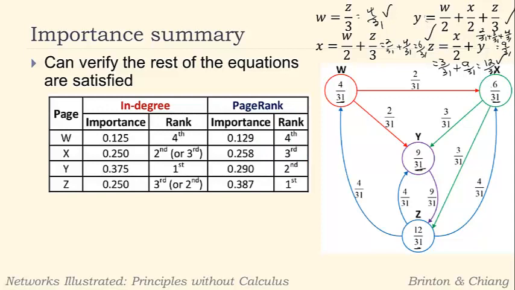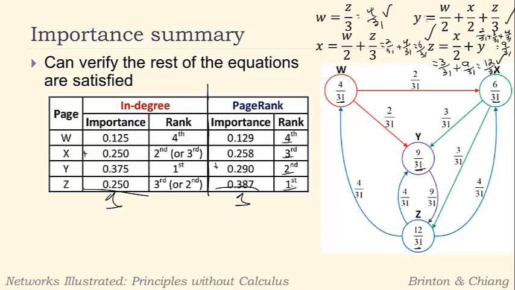So here's a tabulated summary of the difference between the in-degree and the PageRank calculations. The PageRank we're showing on the right side over here, and we see all these importance scores, and these sum up to be 1, and both of them do actually. Both importance score sides sum up to 1. It just makes it more convenient to look at it that way. And so the rank is 4th, 3rd, 2nd, and 1st.